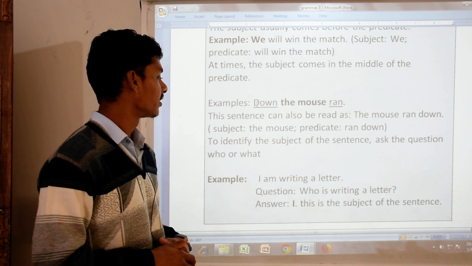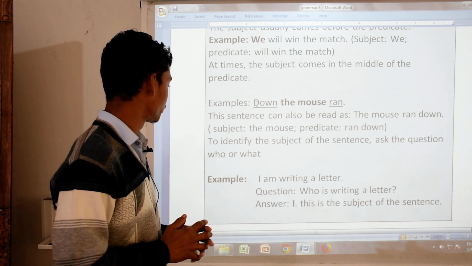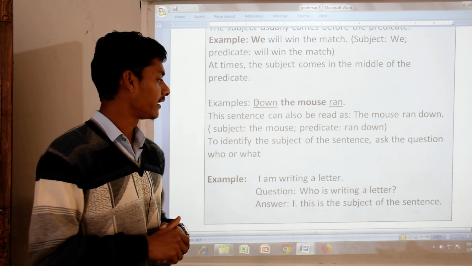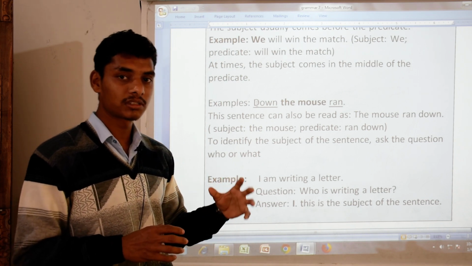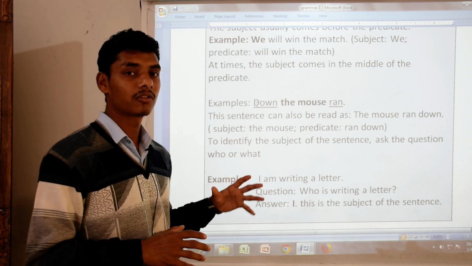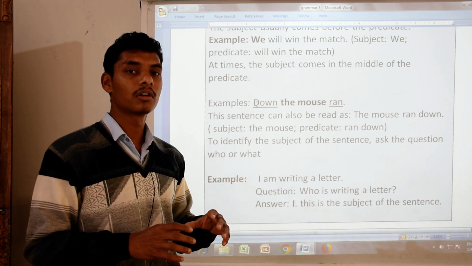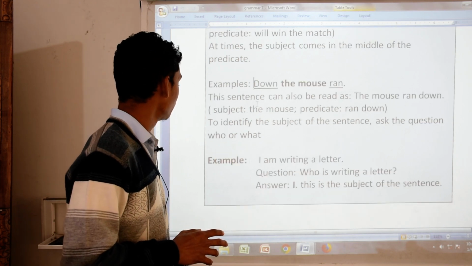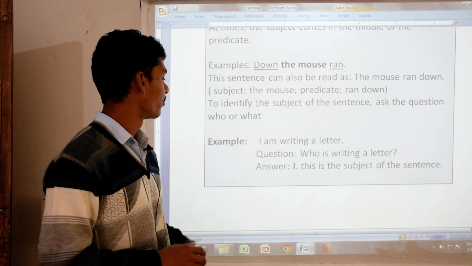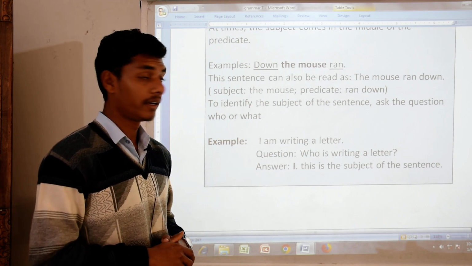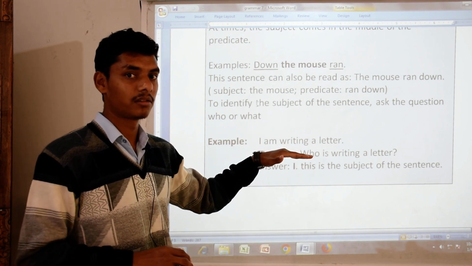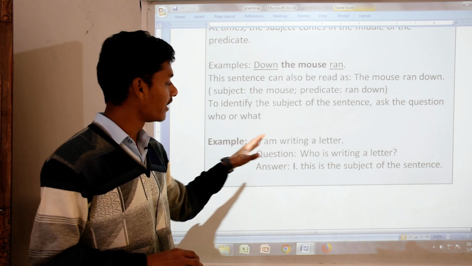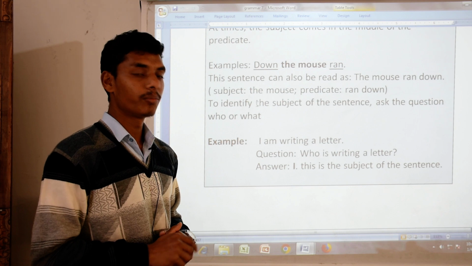To identify the subject of a sentence, ask the questions who or what. Example: "I am writing a letter." I is the subject, and "am writing a letter" is the predicate.